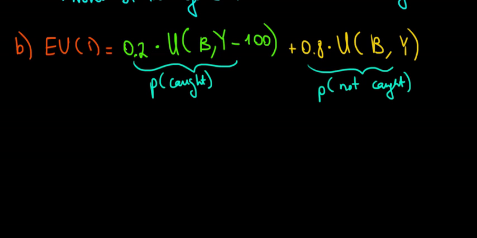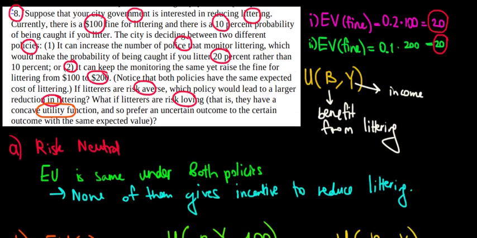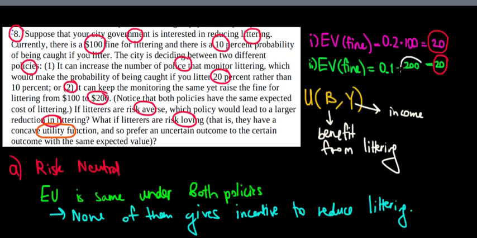With the same logic, let's do the expected utility of the second policy. What would be the expected utility of the second policy over here? Well, let's see. Under the second policy, we would have 10% probability of being caught. So we would have 0.1 multiplied with the utility that we would get based on the benefit of littering, of throwing on the floor, and the income that we are left with. And the income in that case would be y minus 200, because under the second policy, let's just go back up here real quick, the fine would cost $200.